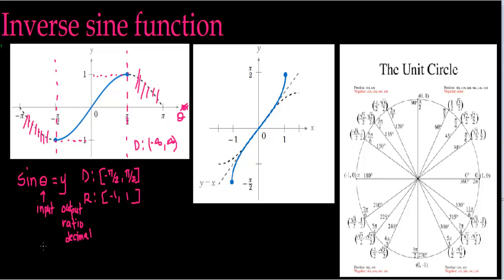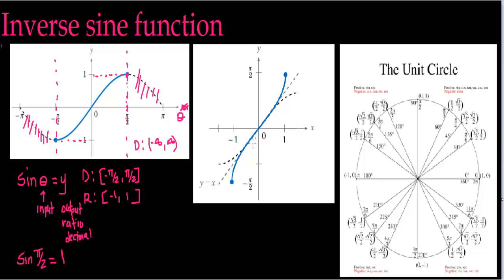For example, if I have sine of pi halves and I look at my graph, I go to where x is equal to pi halves, that's right here, and my input gives me an output at this value here, which is 1. So here's your input, here's your output. Notice your input is within the domain that we said, and the output is within the range that we had said.